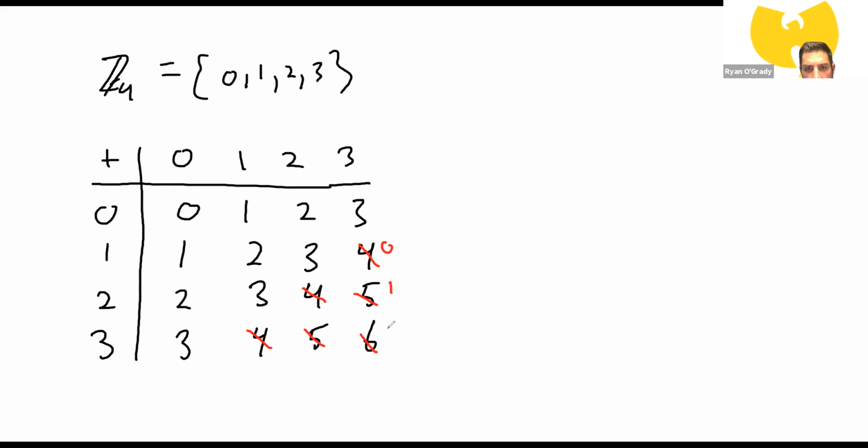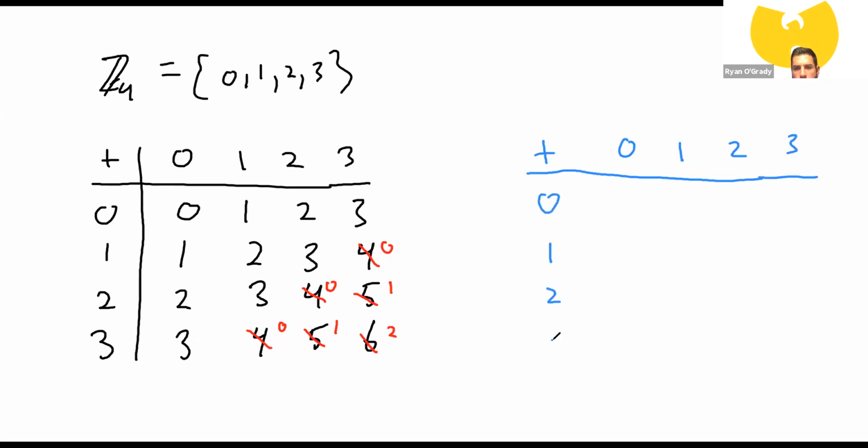This is 2. And then this is, of course, 0, 0, 1. So the actual addition table for Z sub 4 is this: 0, 1, 2, 3, 1, 2, 3, 0, 2, 3, 0, 1.